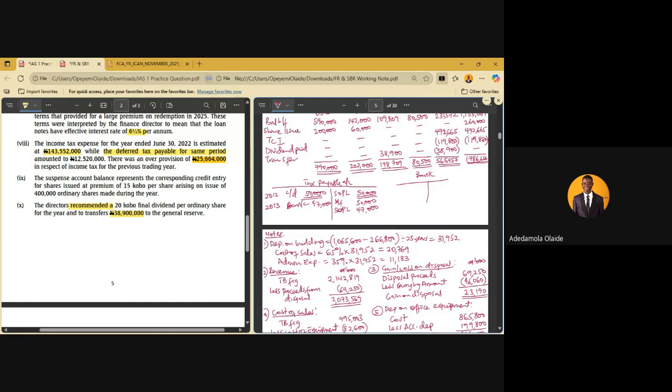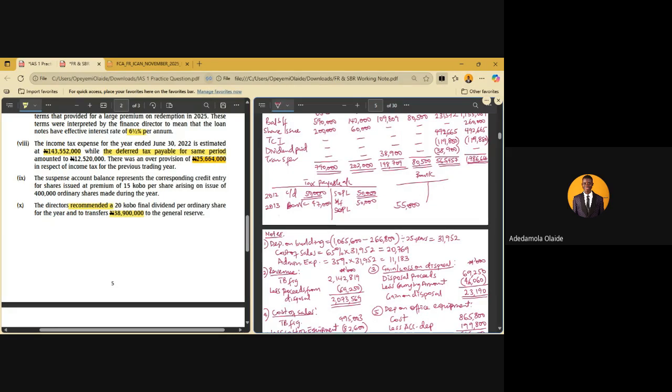Or let me not use the same figure so it will not be confusing. Let's say we calculated our provision for the current year and it is supposed to be 55,000.